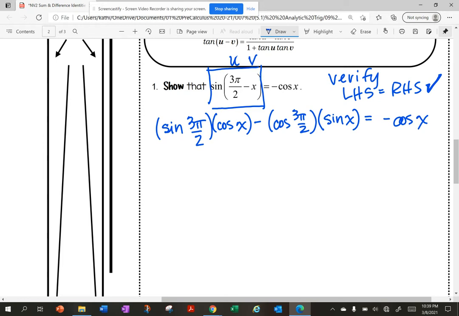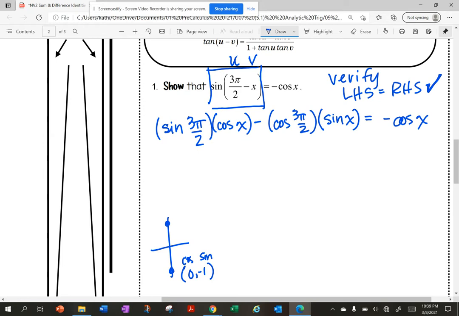Okay, so for 3 pi over 2, 3 pi over 2 is here. So at 3 pi over 2, my coordinates are 0, negative 1. So the x-coordinate is cosine, and the y-coordinate is sine.